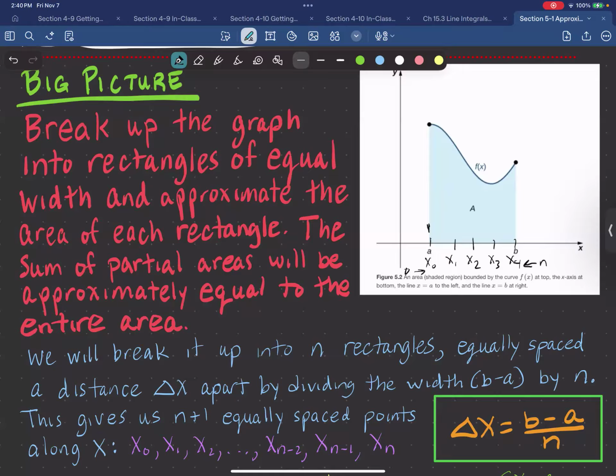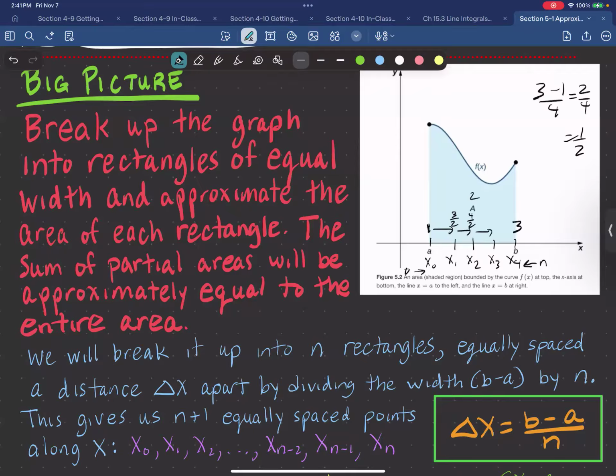If this is 1 and this is 3, then 3 minus 1 over 4 would be 2 over 4, which is 1/2. So each time I go right 1, I'm going up 1/2. This is 1.5, which is 3/2. Going up another half gives me 4/2, which is 2.